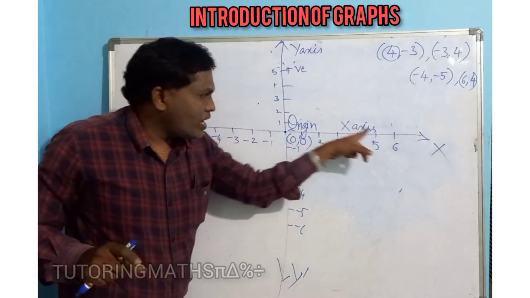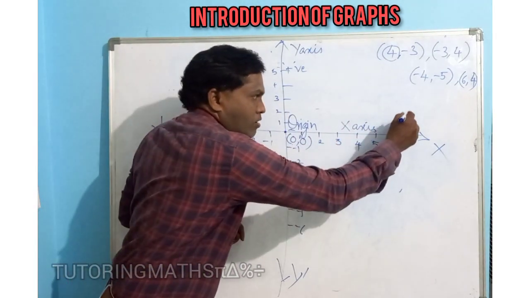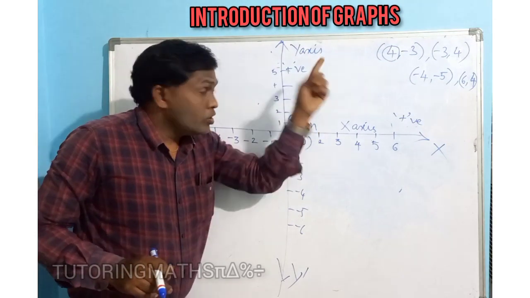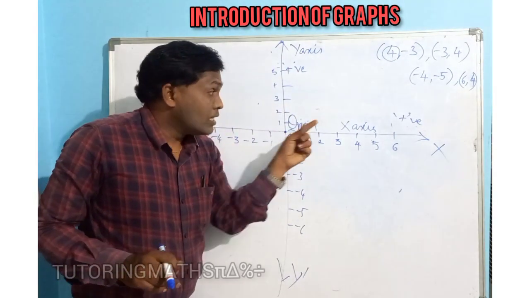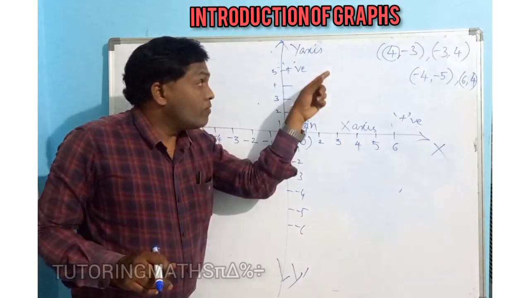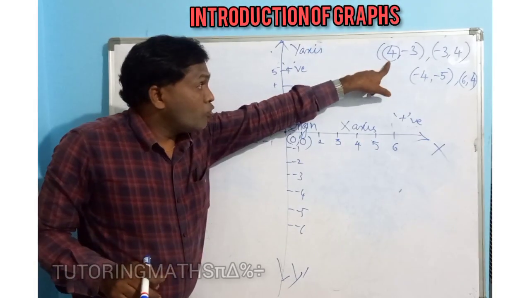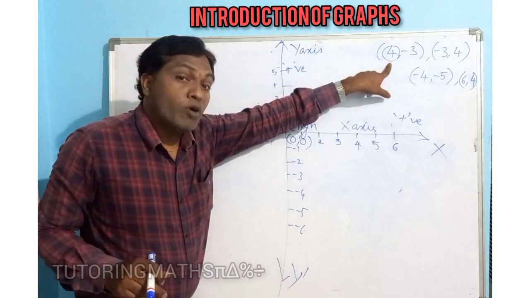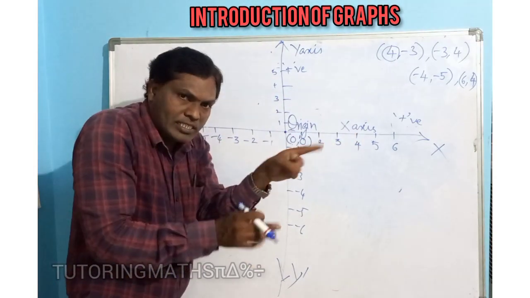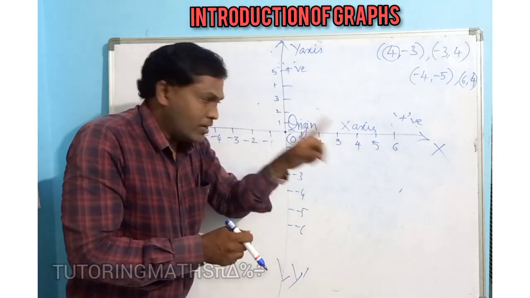Where are the positive values? Here all are positive values. Where is 4? Take it with the left finger, because in the introduction part you should be very careful while plotting the point. So 4 is a positive x coordinate value, so place 4 here.